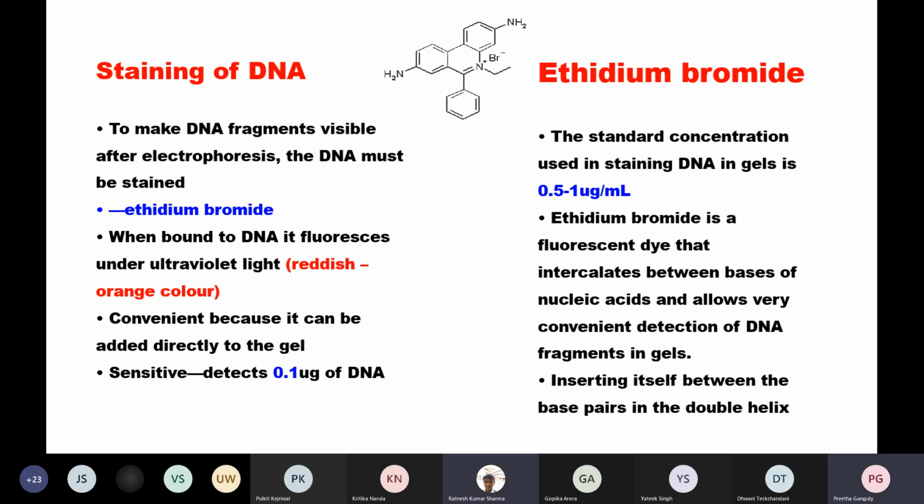Yes, ma'am. Okay, so the sensitive detection can measure at a very low concentration of 0.1 microgram of DNA. But the standard concentration which we use for ethidium bromide in electrophoresis is between 0.5 to 1 microgram per ml.